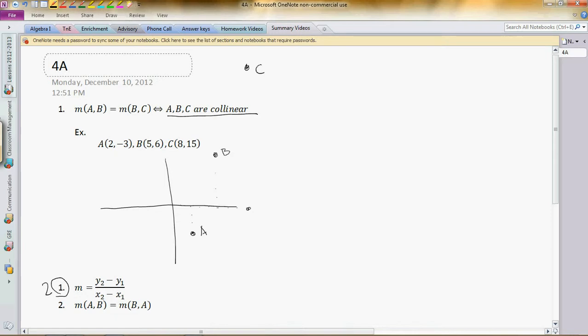If we have 2 points, that is M equals second y minus first y over second x minus first x. So let's try to find out the slope between A comma B. This is how you read it; this is just a notation: slope between A and B. That means A is the first point and B is the second point.